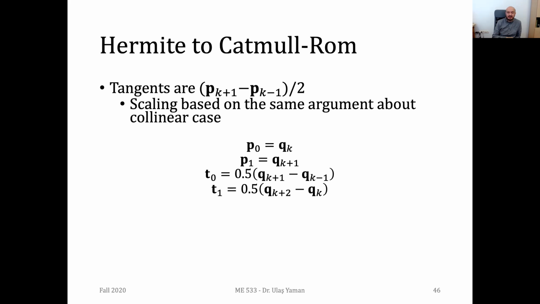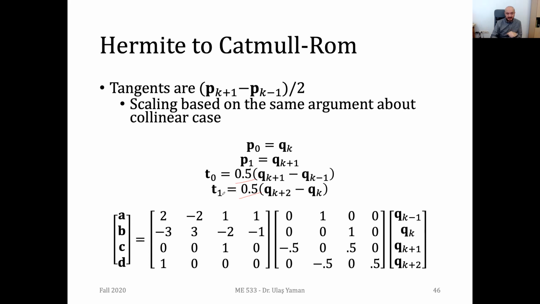They are, again, tangents as in the case of Hermite, but these tangents are defined at the intermediate points, not at the start and end points. This is how we define these tangents: a subtraction between the adjacent control points, scaled by half, and this is also the same for the second intermediate point.